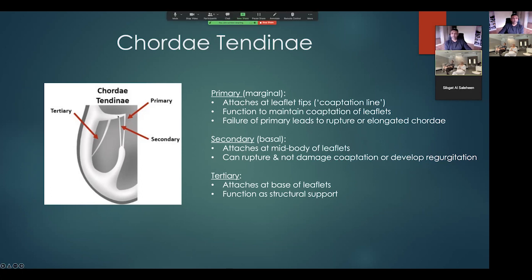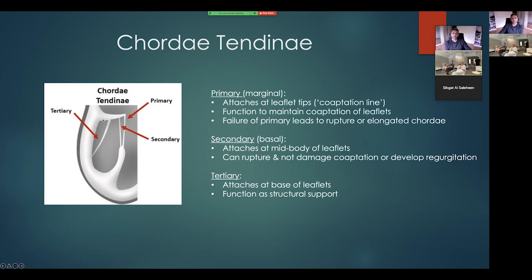The secondary chordae attach at the mid level. If there's rupture of these basal or secondary chordae, it may not affect the coaptation line, and there may not be any regurgitation.